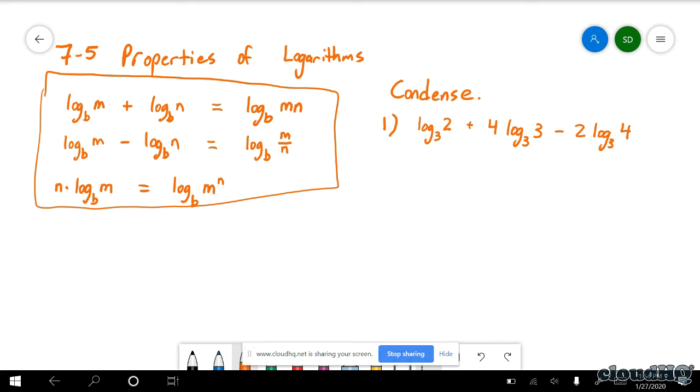Let's do that. So you'll see that we have multiple logs here. They're all log base 3s. And instead of having 3 separate logs, I just want to write them as one single log.